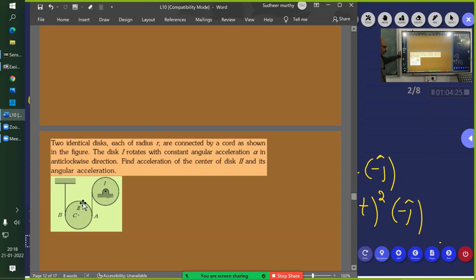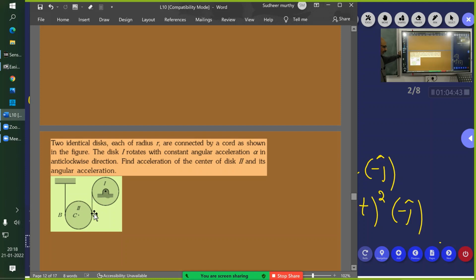Now, this alpha is known here, and this R is given here. So alpha into R becomes the tangential acceleration at this point.